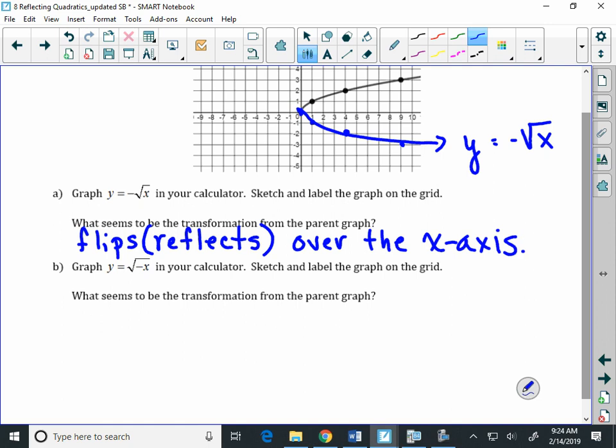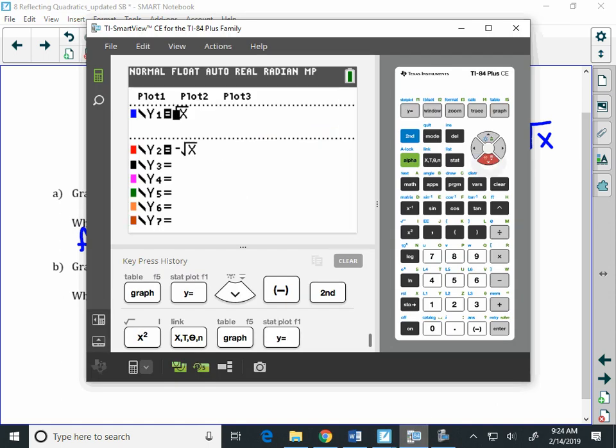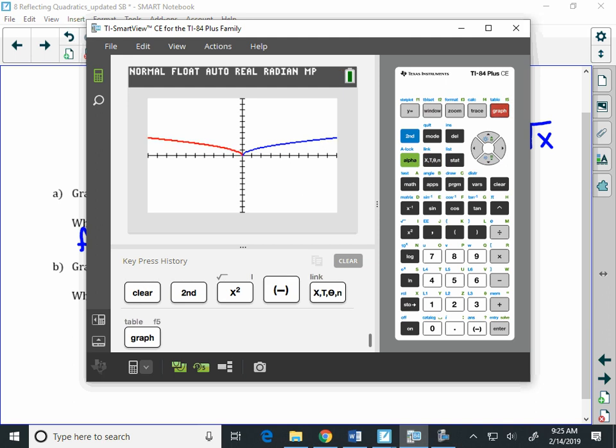So you can probably guess now, even though we couldn't see it on the quadratics, what's going to happen when we type in this next function. I'm going to take out this one. I'm going to type in the square root of negative x. And again, it's going to be pretty quick. But there's the picture.